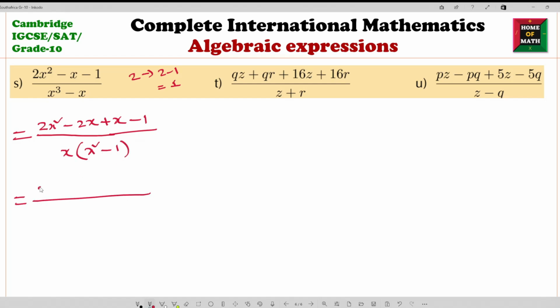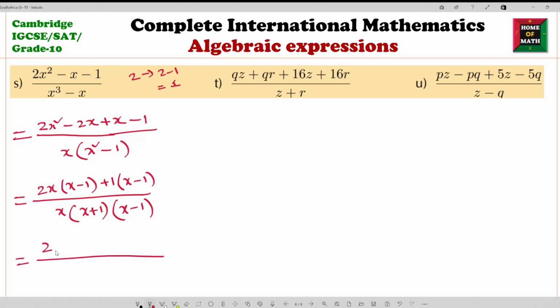So here we can take common 2x, so x minus 1, here is plus 1, x minus 1, and here is x, and x square minus 1 we can write x plus 1 times x minus 1. So here is 2, here is x minus 1, then 2x plus 1, and here is x, x plus 1, and x minus 1.